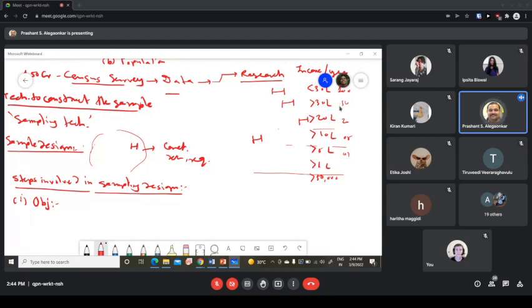For example, in the 2024 election, I want to know objectively about the condition of poverty in India for all 150 crore population. Then I have to start. I have only two or three years left. If I really want to target 2024, then am I able to do it?